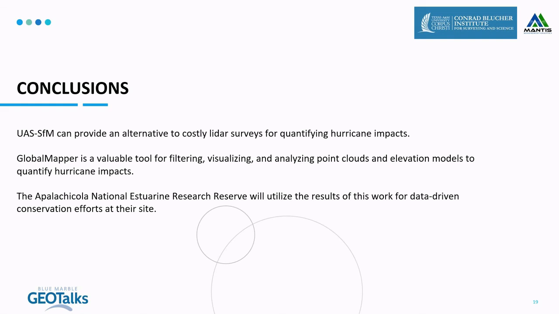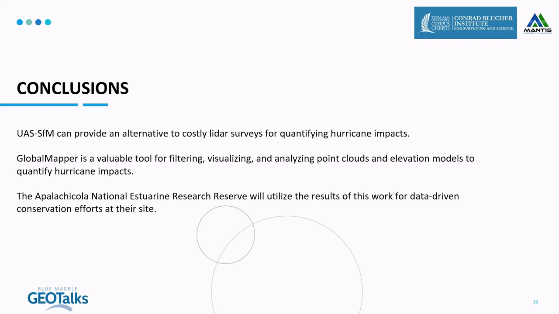I definitely want to point out it's great to have that visualization of how well the filters have worked right there. So I've worked with other software where I'm applying these different parameters for those filters, and I have to import it into another software to visualize it, which just adds more time. So it was great to use Global Mapper just to get those results right then and there.